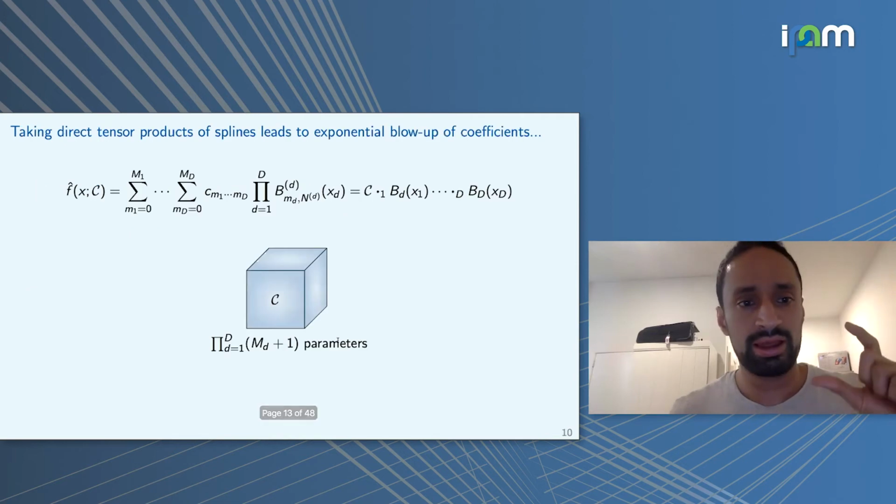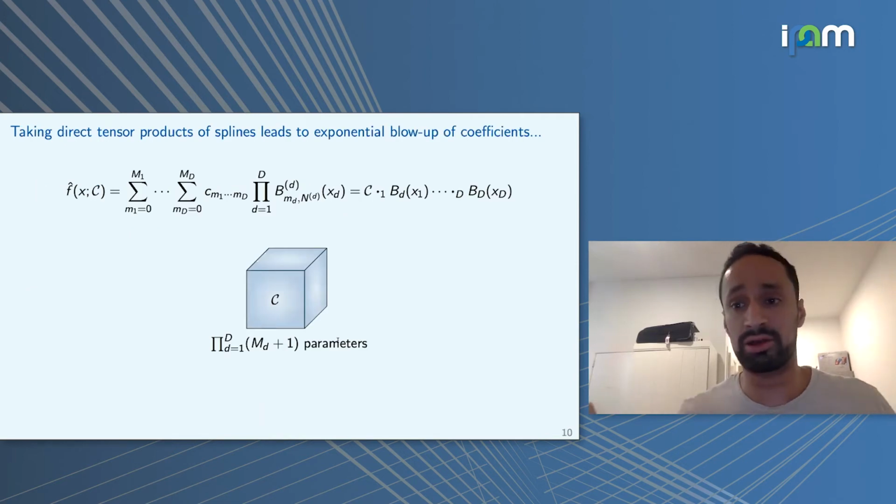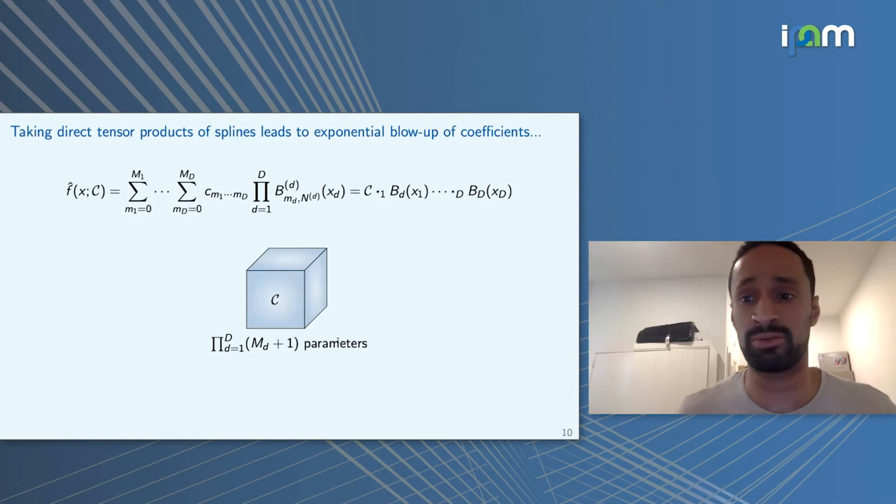Now, given a univariate spline, we can extend it to a tensor product to do splines in higher dimensions. In this expression here, we take a tensor product of the splines. You can also express that using tensor notation, which we adopt in our group, where C is the tensor and we're taking mode n products with this tensor.